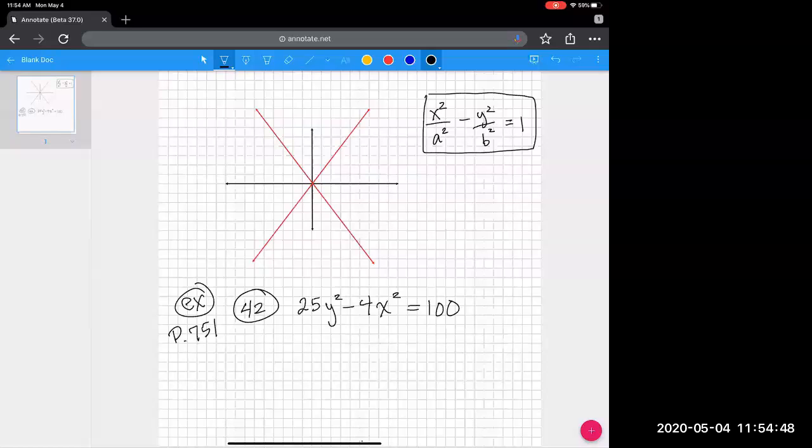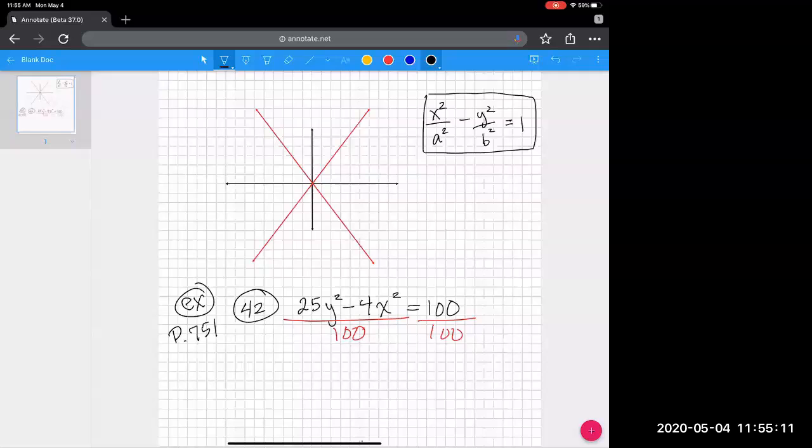The basic way to do that is to divide both sides by the constant on the right, because we know we need to have a 1 over there. So I would start by dividing both sides by 100. I'm doing this because then I'll have a 1, and then I can distribute and have it in fraction form.